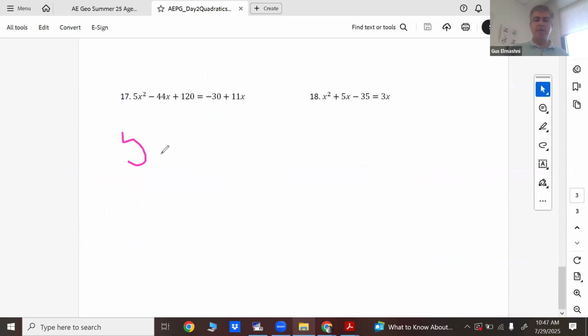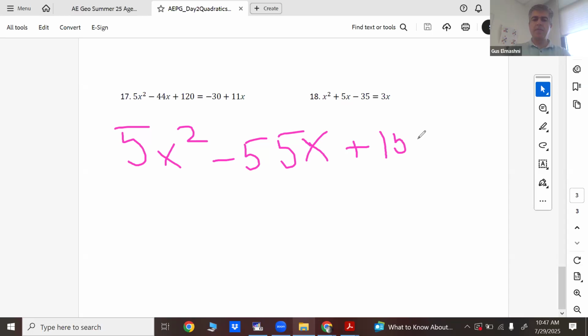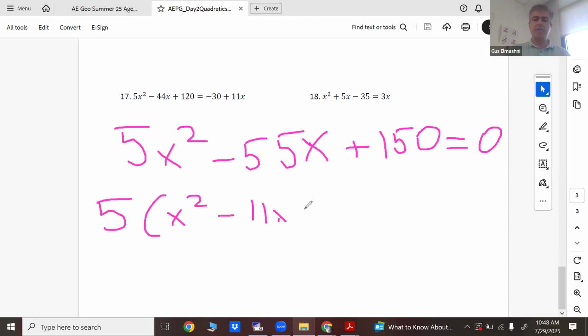Let's move all terms to one side. Okay, work out the rest. Should be pretty simple after that.